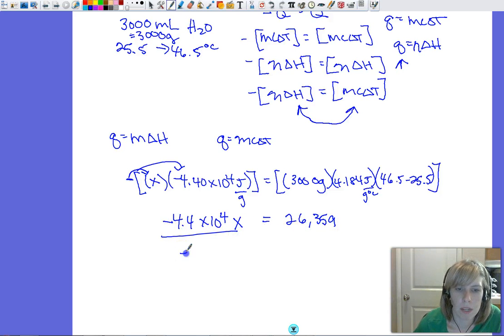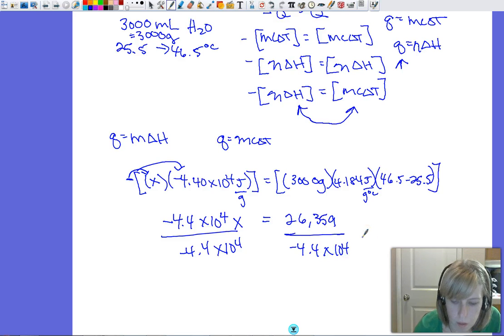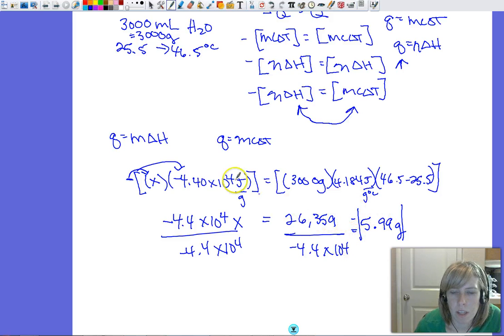And then we're going to divide by this. Put it into our trusty calculator. And that gives us, in this case, negative 5.99 grams. Now, mass, we can't have negative grams, so it's implied that this is going to be the absolute value. So we just have 5.99 grams as our answer.